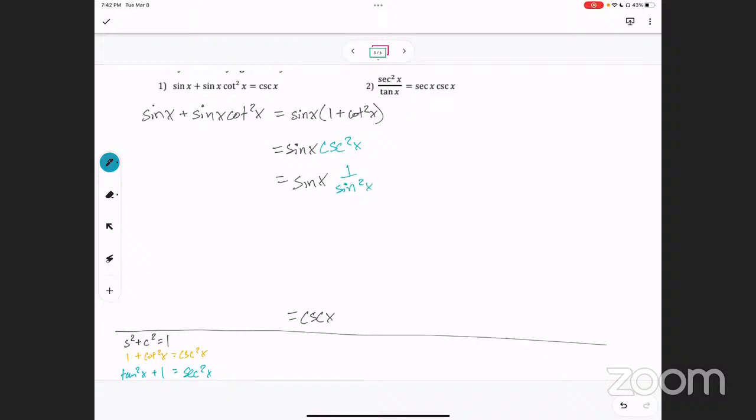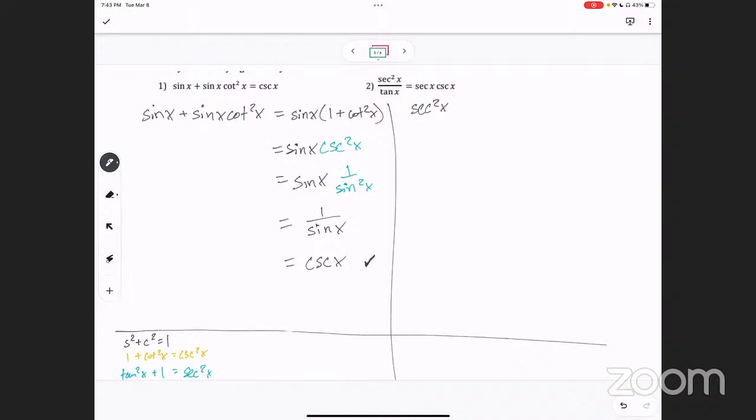And now what? The sines cancel out, and you have 1 over sine. And what's 1 over sine x? Cosecant x. You're done. You guys did that yourselves.